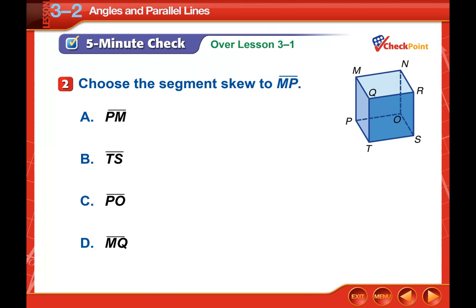Choose the segment that is skew to MP. Remember, skew means that we are not crossing, but it is not in the same plane. MP is this line right here. PM is the same line, just expressed in a different way.